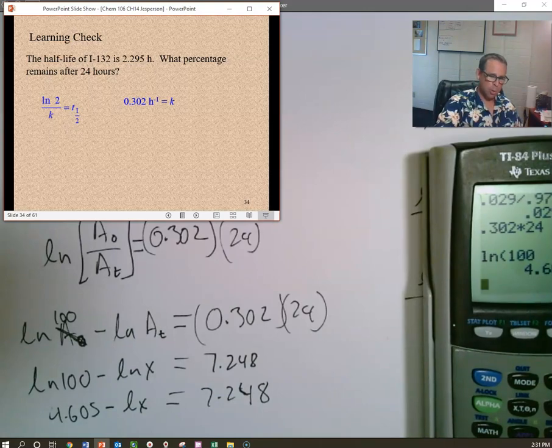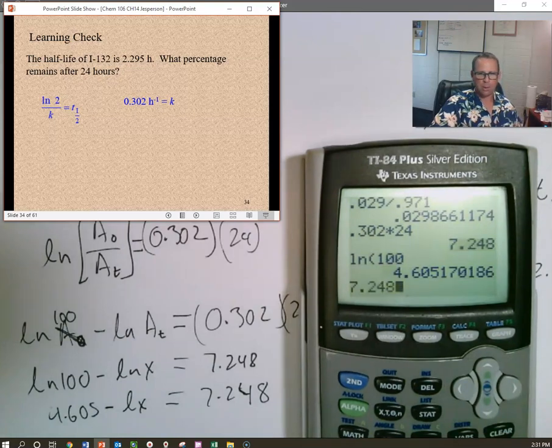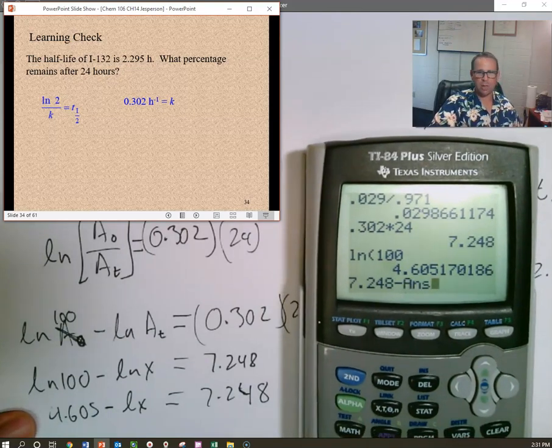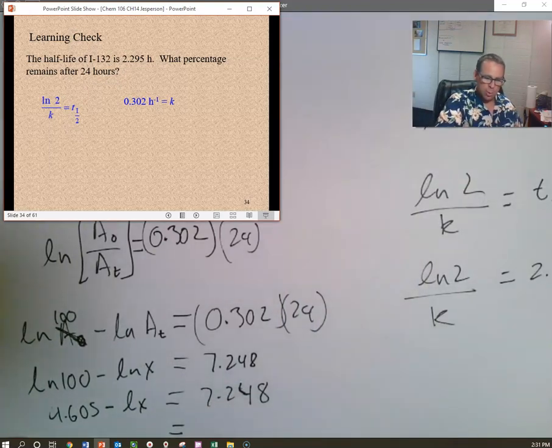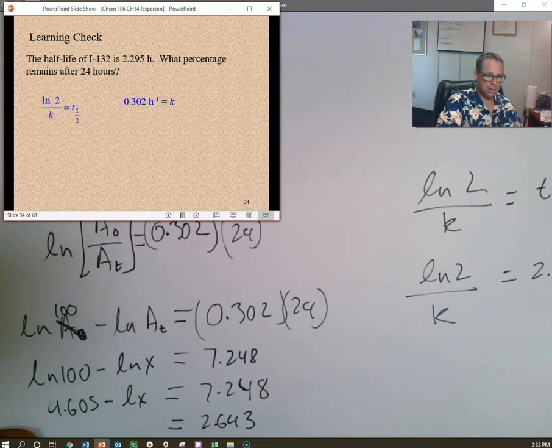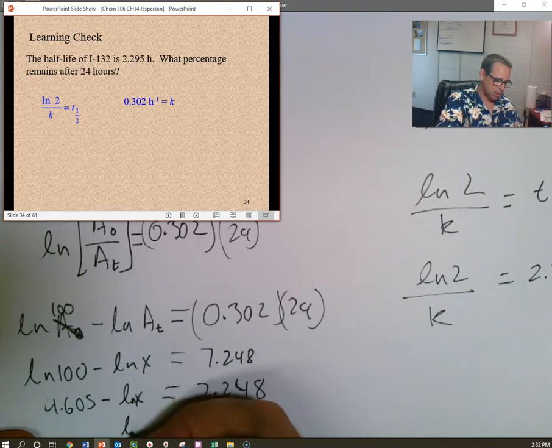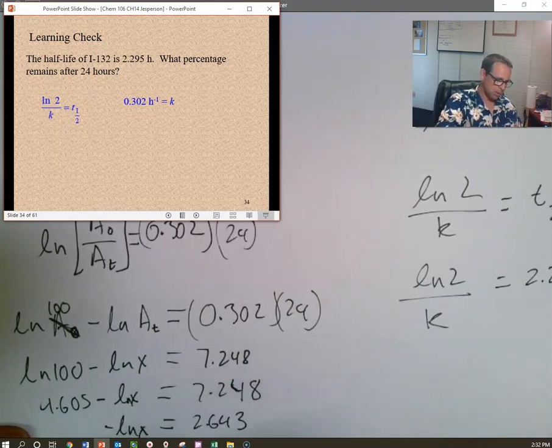Then I take 7.248 and subtract our 4.605, move it over to that side, 2.643. So last time I said the natural log of x was equal to this, but I forgot to bring down that minus sign. So it's the negative natural log of x that equals 2.643.